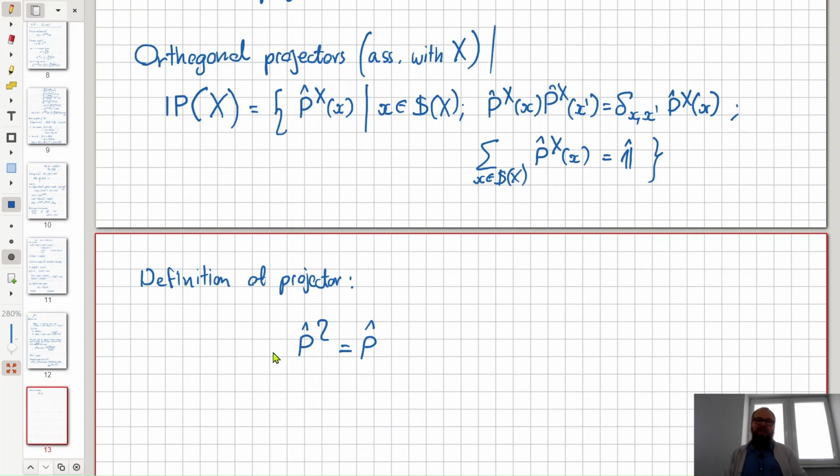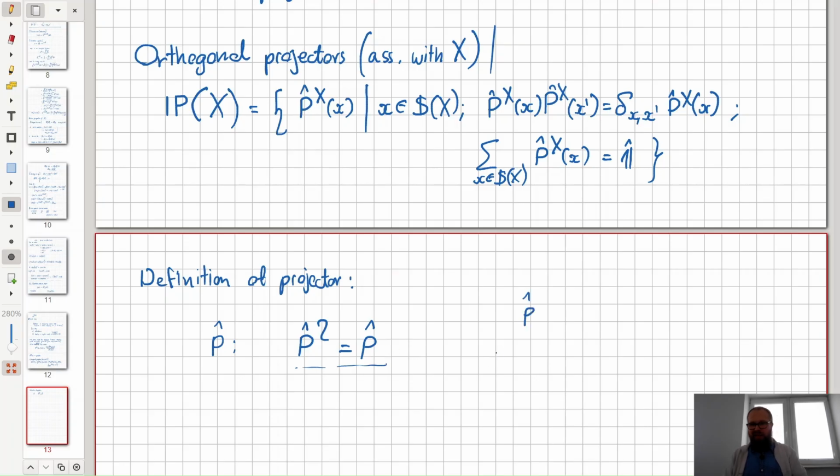Any operator P is a projector when it satisfies this condition. Each one here, if you take x prime to be the same, it's of this form.